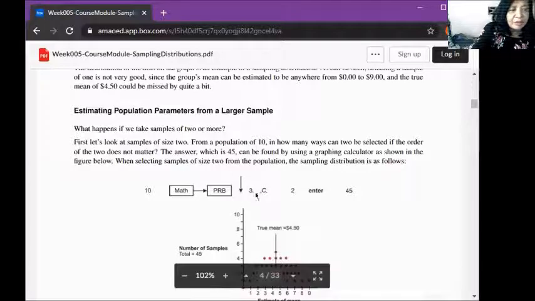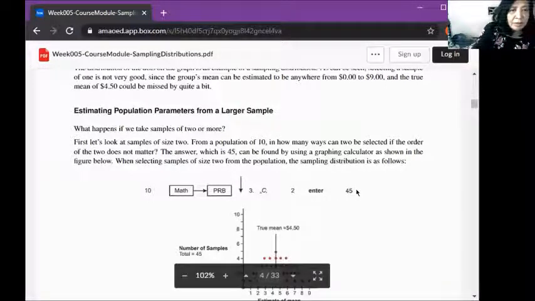The n here refers to the population, and the r is how many members or samples you are going to take at a time. So n is 10, 10 combination 2 would give you 45.